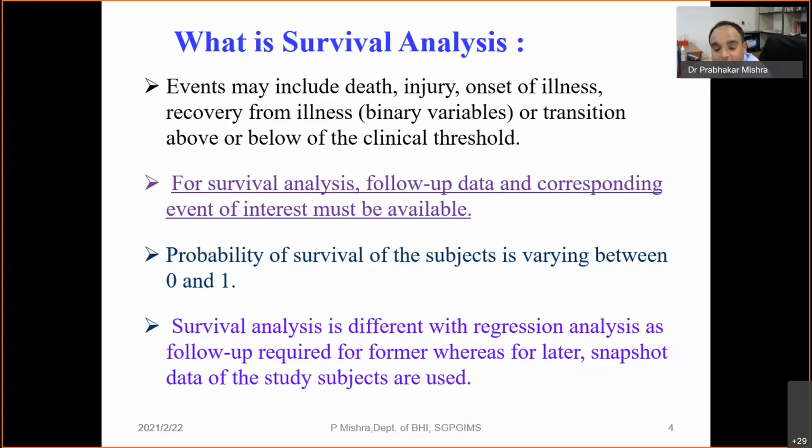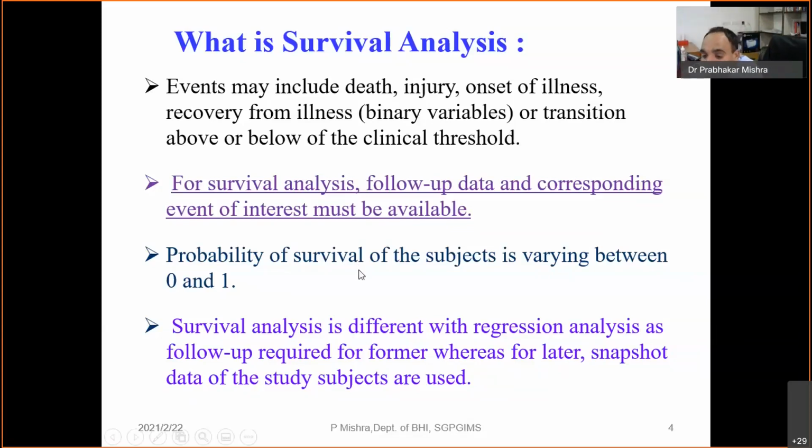But in survival analysis, we follow the patient, and we note down the duration after which the patient develops this particular condition. So we note down the event according to follow-up. We note down the follow-up and the corresponding event of interest.